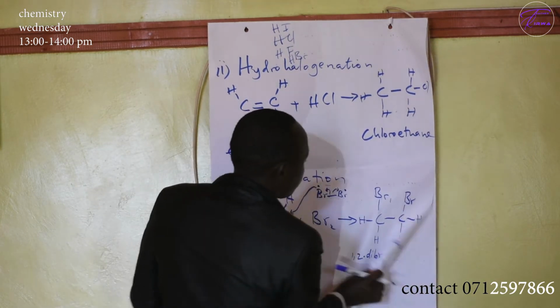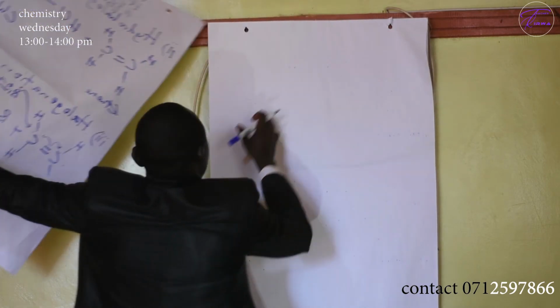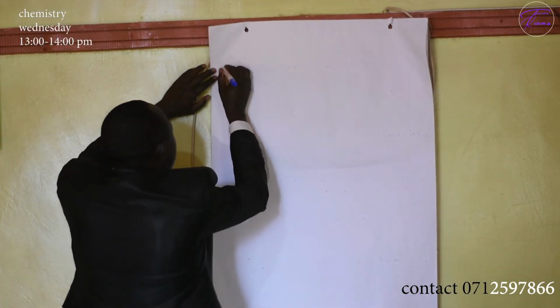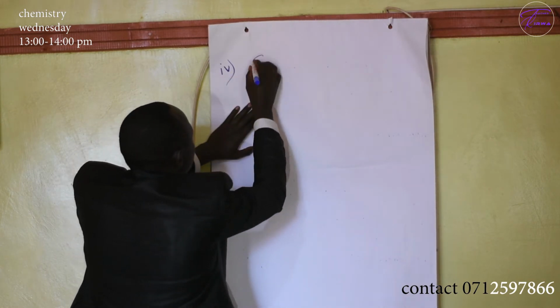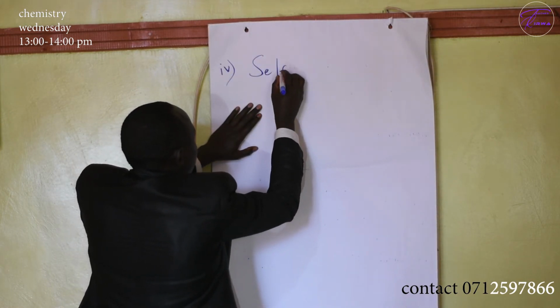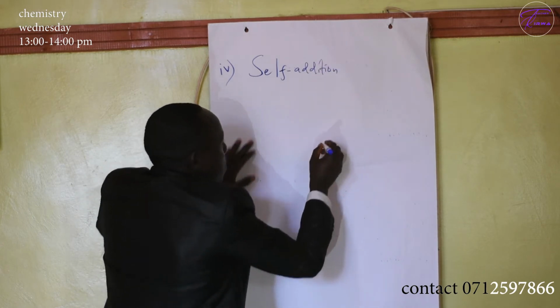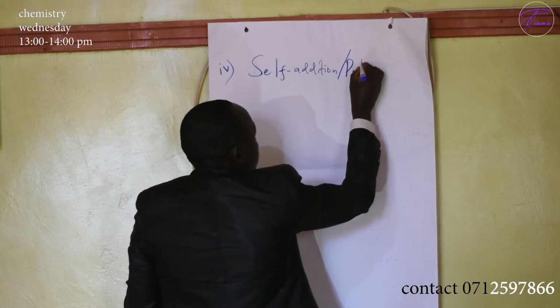Number 4 is called self-addition. This is another name for polymerization.